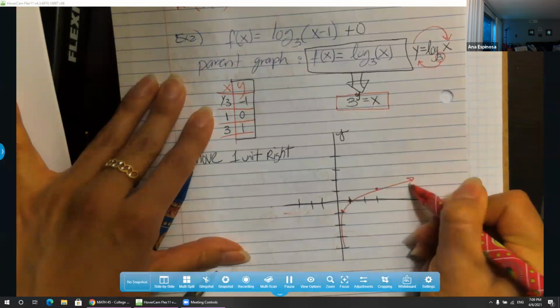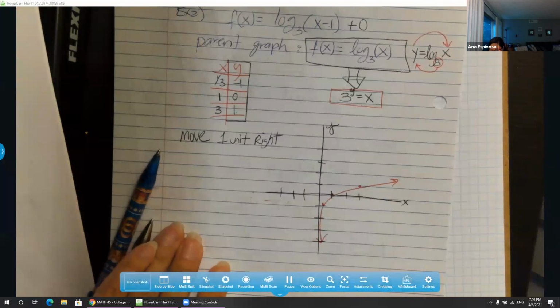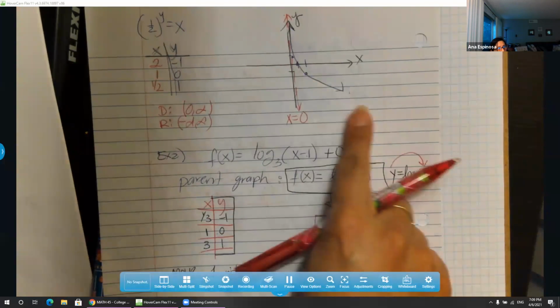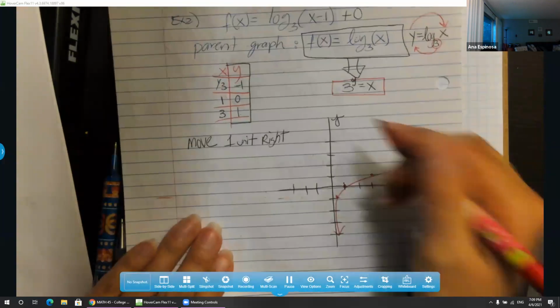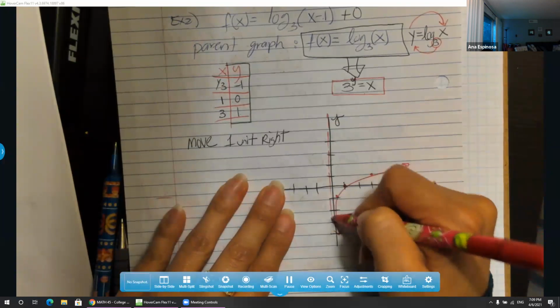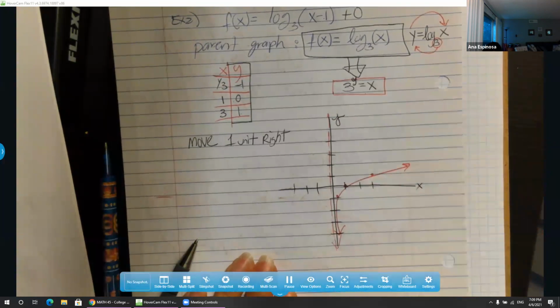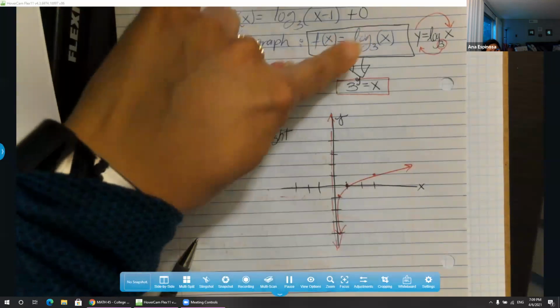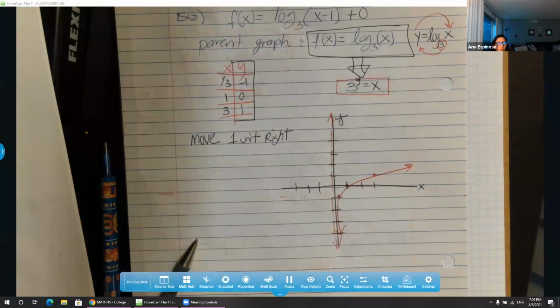The log functions are either going to do this movement or they're going to go this way. Okay, so my asymptote is here. That is for this table, which is the parent graph. I have not moved it. I should have done it in pencil. But all you're going to do is grab that and move it 1 to the right.